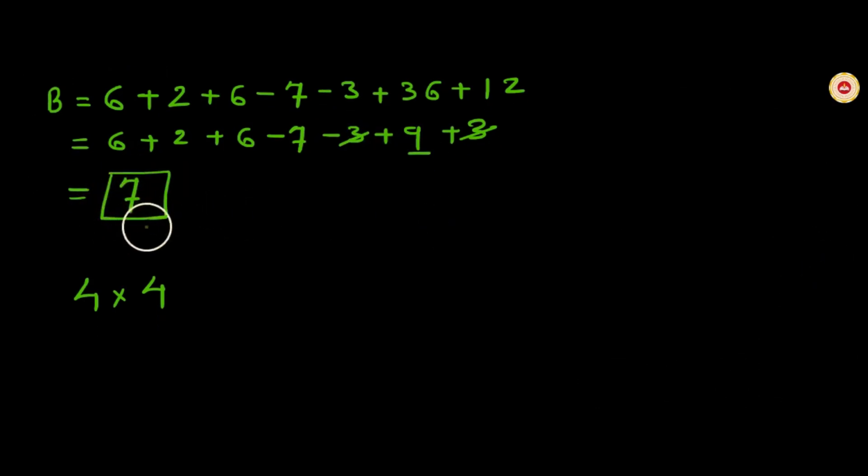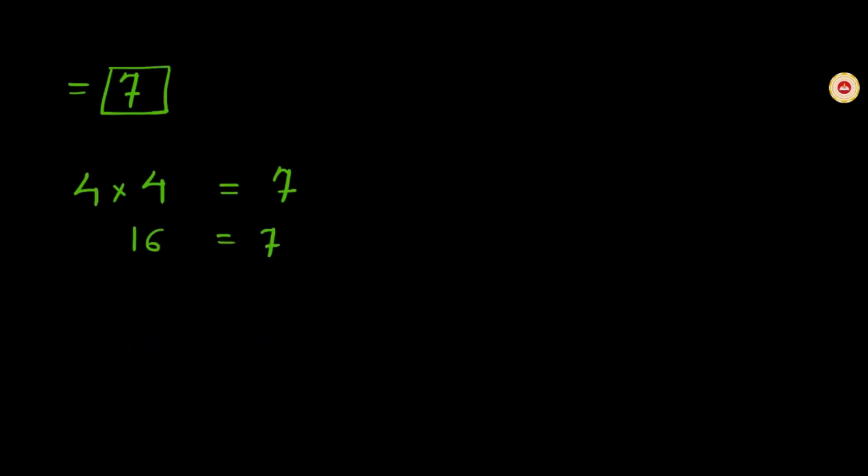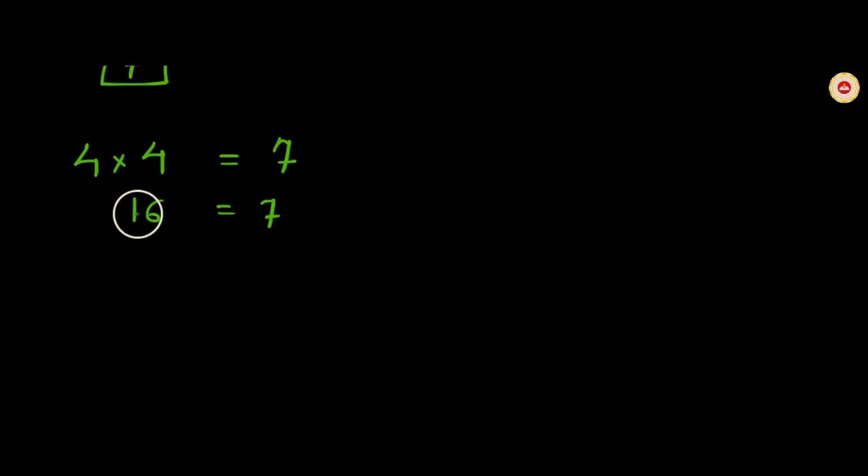If the Bijank is the same on both sides, then the answer is correct. 4 multiplied by 4 should be equal to 7. 4 4s are 16. We want the Bijank as a single digit, so let us add these two digits once again. 1 plus 6 is 7. That means the left hand side and right hand side are equal. It means that we are correct.